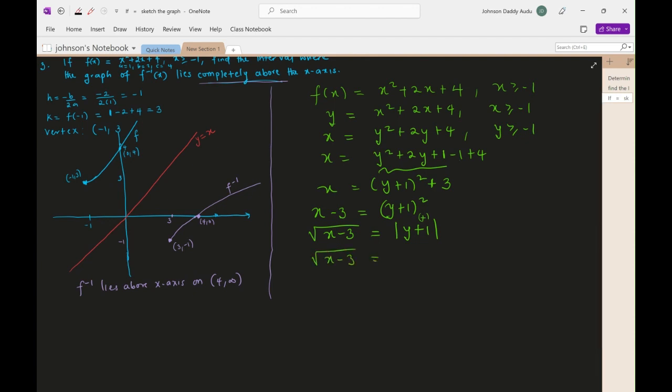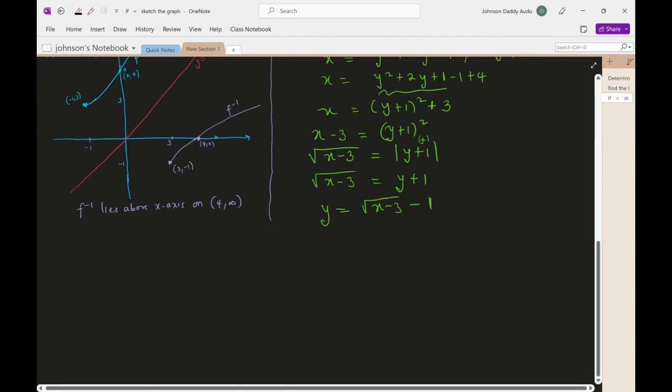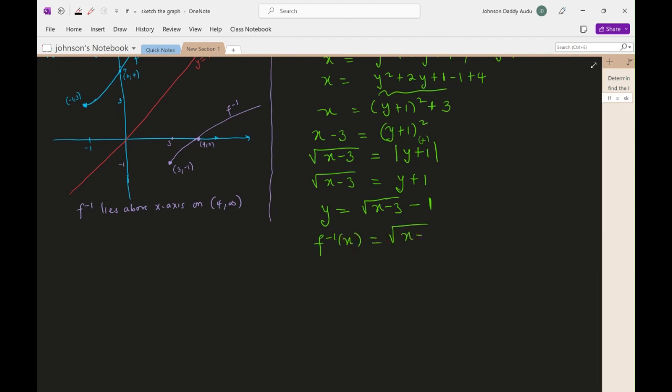So you have root of x minus 3 equals y plus 1. So what is y? y is the root of x minus 3, then minus 1. But our y is f inverse of x, so f inverse of x is this one.